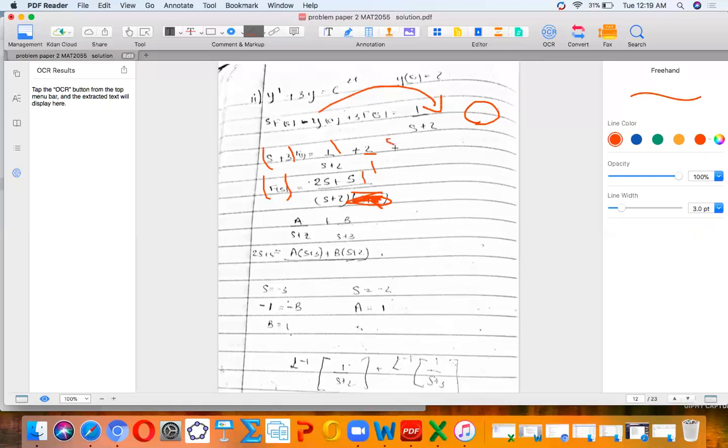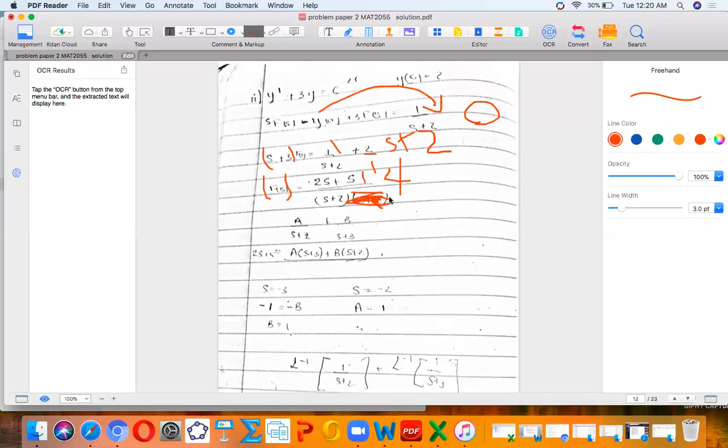So you have s plus 2 times 2. So 2 times s gives you 2s, and 2 times 2 gives you 4, right? So this 4 and this 1, remember this one that I have? Gives you the 5 that I have here in black. So that's why I have 2s plus 5.